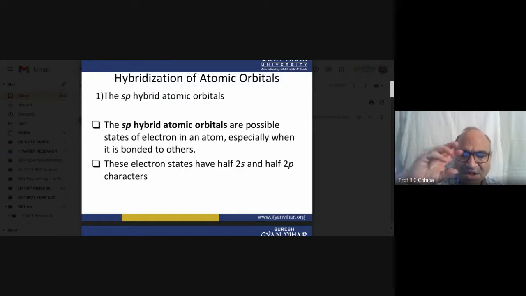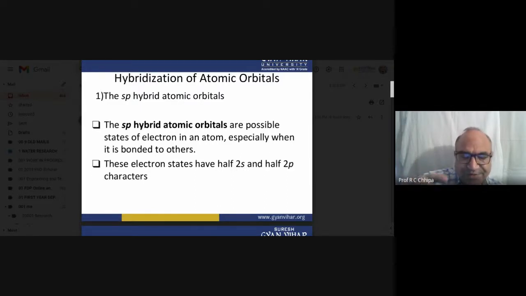So here both combine with each other, and the energy is also mixing. So the energy of the 2s and 2px atomic orbitals mix with each other, and they produce two sp hybrid orbitals.